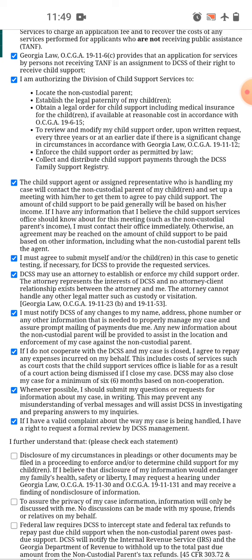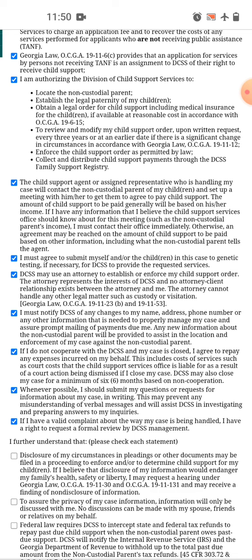The attorney cannot handle any other legal matter such as custody or visitation. Okay. That's the Georgia law, pretty much supporting what it just said right there. So they're following the Georgia statutes, the state statutes, as far as how they're setting this up.